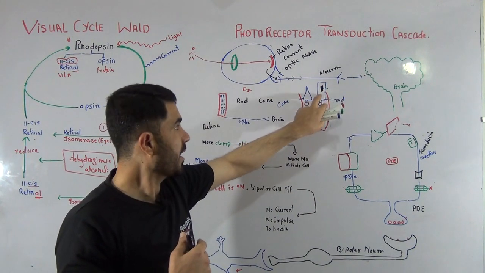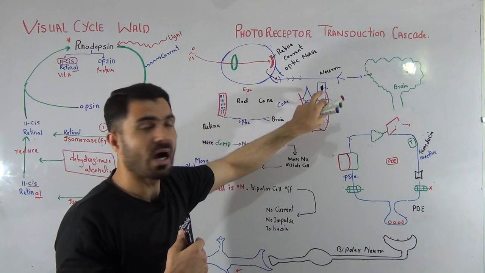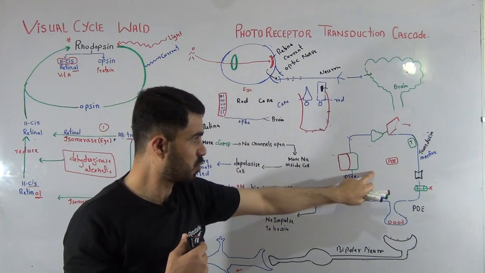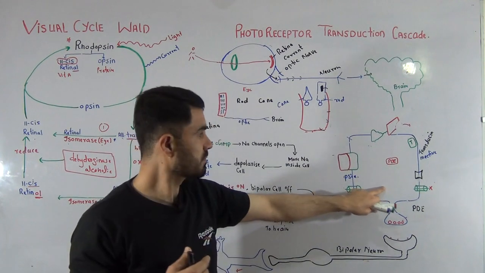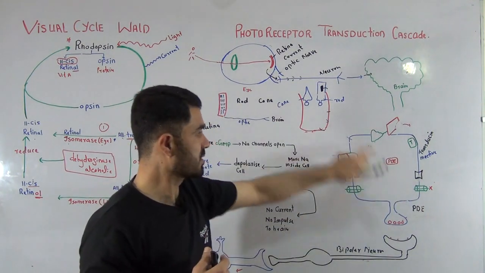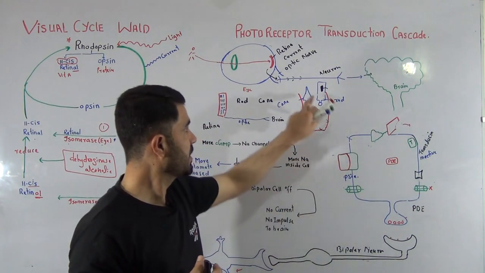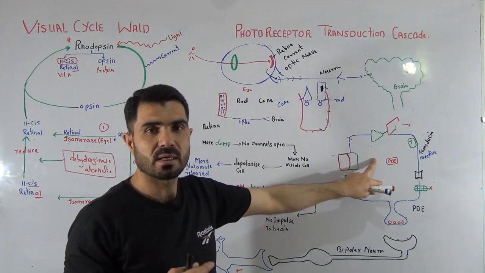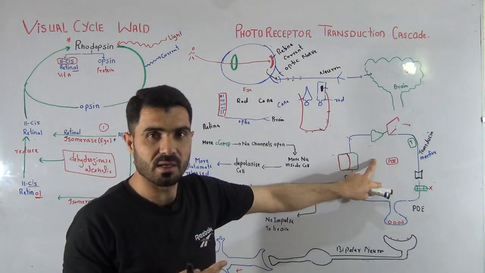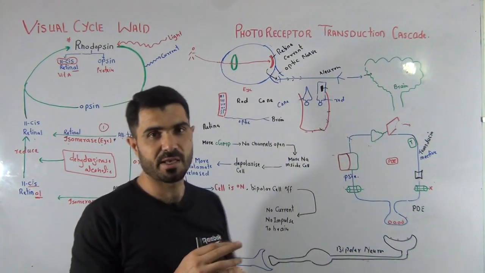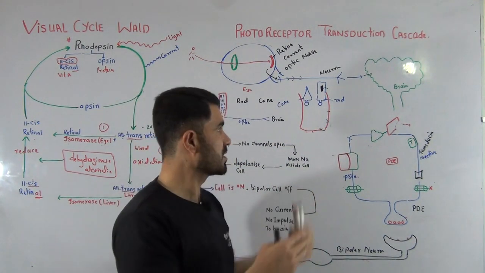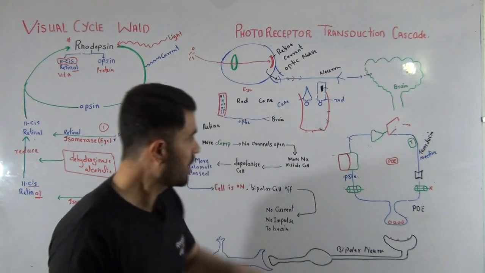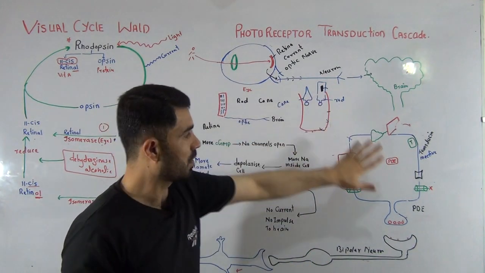So I am going to take out this rod cell and zoom in on it. The mechanism behind the rod cell is the same for the cone cell as well, so we will not discuss the cone cell, only the rod cell.